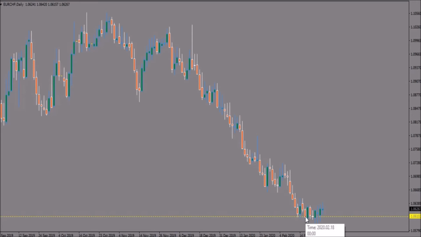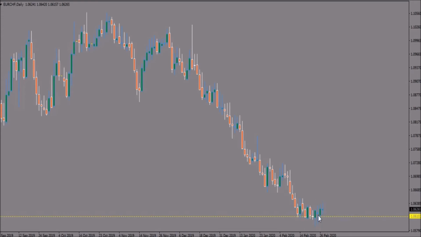Here you probably would have lost because it closed on the line. The next day you would have bought because of where it was at. It did not break it, so you would have bought. And then here it came down again and touched it and closed above it. Here it closed right on it, came back up.